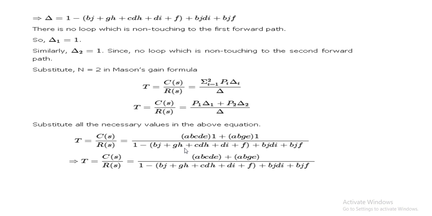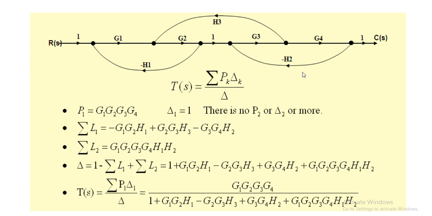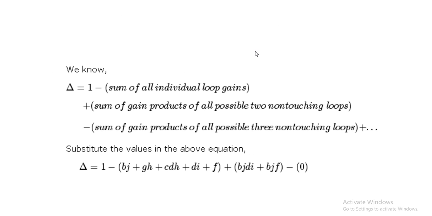So what is the next part in the delta? That is the sum of gain products of all possible 3 non-touching loops.